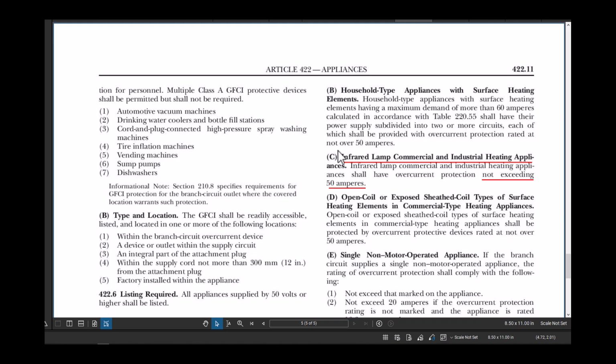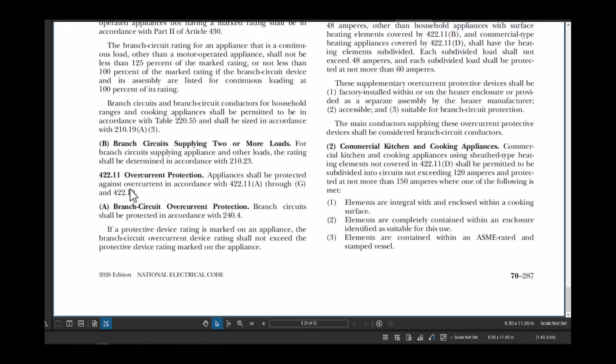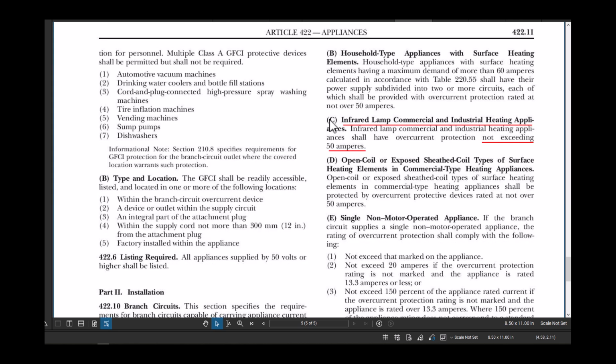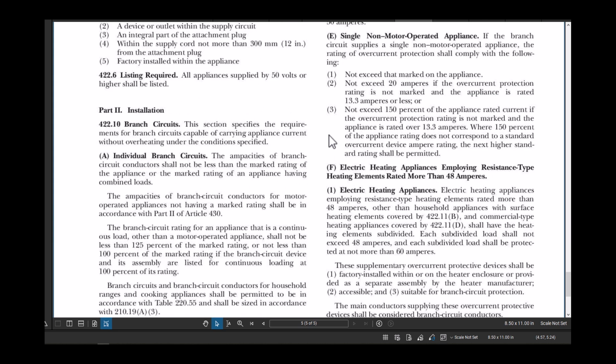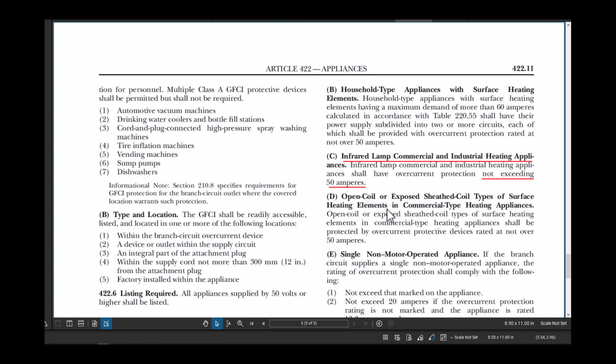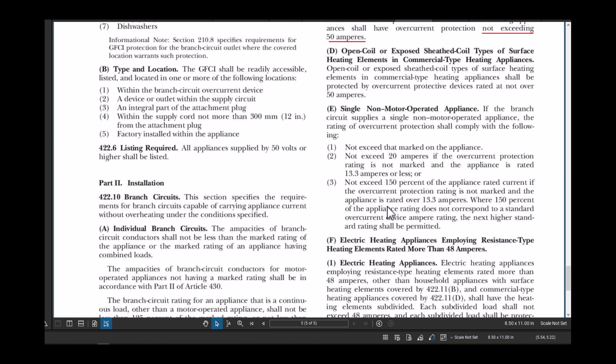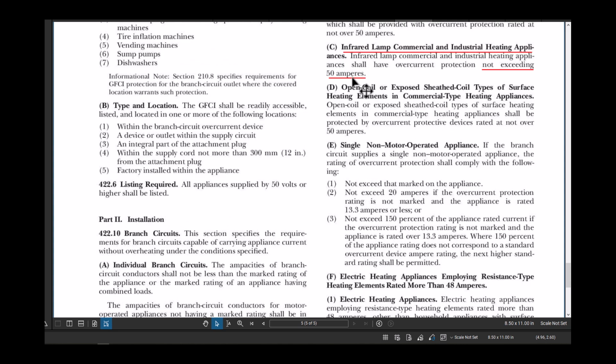Here we have 422.11c, which is F. What it is referring us to here says each subdivided load shall not exceed 48 amps, which is wrong, but we can make a correction and reference what we found here. But I believe you can do it from your side, and we know how to make a correction. The correct answer based on the NEC is 50 amp.